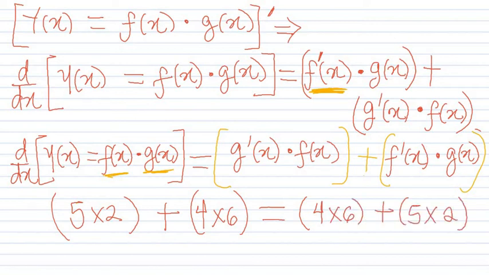See, 5 times 2 is 10. 4 times 6 is 24. 10 plus 24 is 34. 24 plus 10 is 34. And you're gonna get the exact same thing. So there is no issue. What you're doing is great. 100% fine if you decide to switch positions.